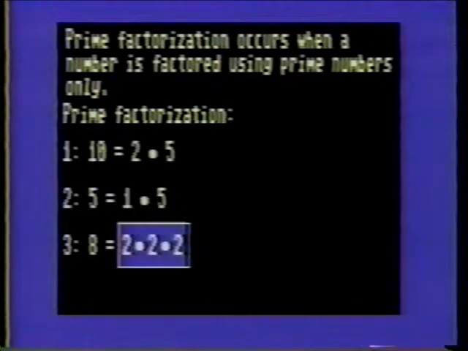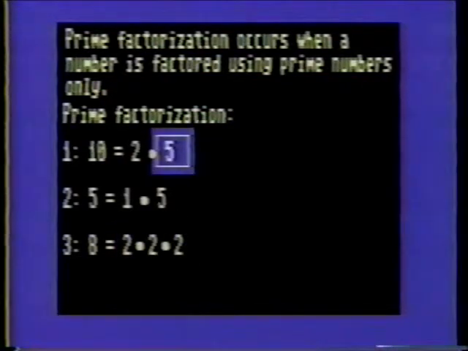For example, 2 occurs 3 times as a factor in the number 8. Therefore, 2 can occur no more than 3 times in the least common denominator. Since 5 occurs only once as a prime factor in 10, it cannot occur more than once in the least common denominator. Armed with this information, let's solve this problem.